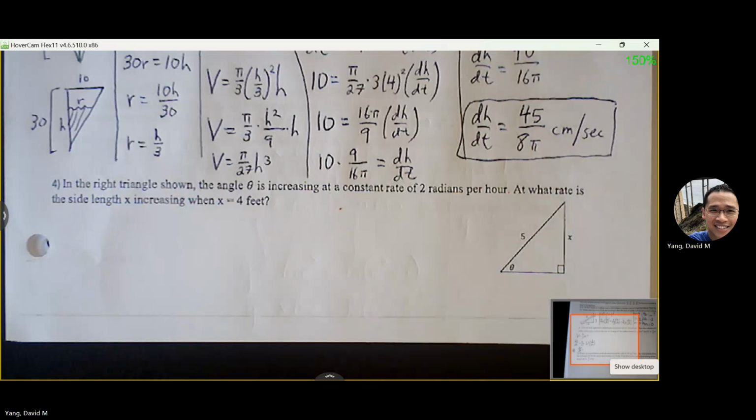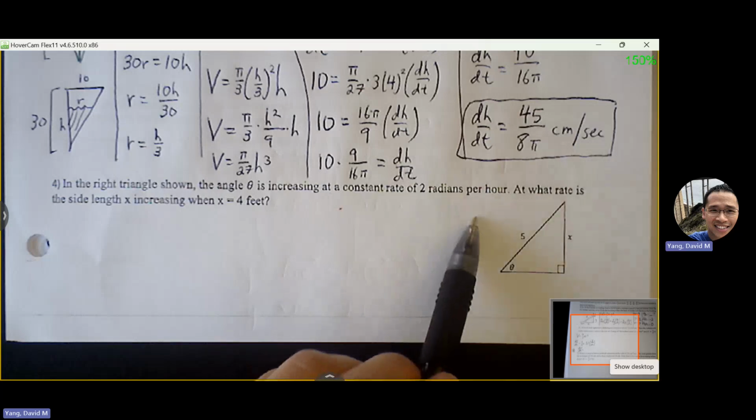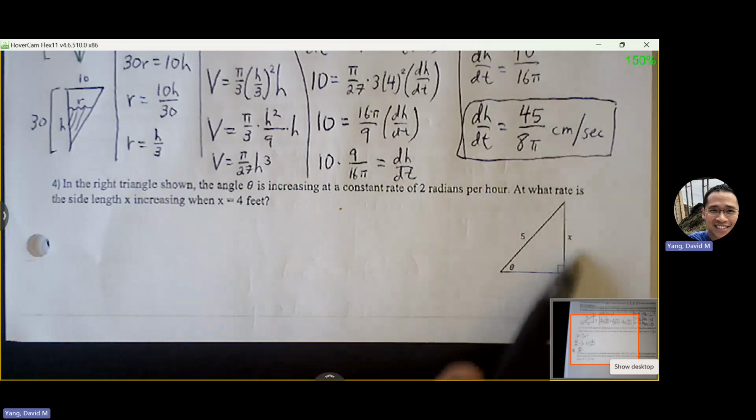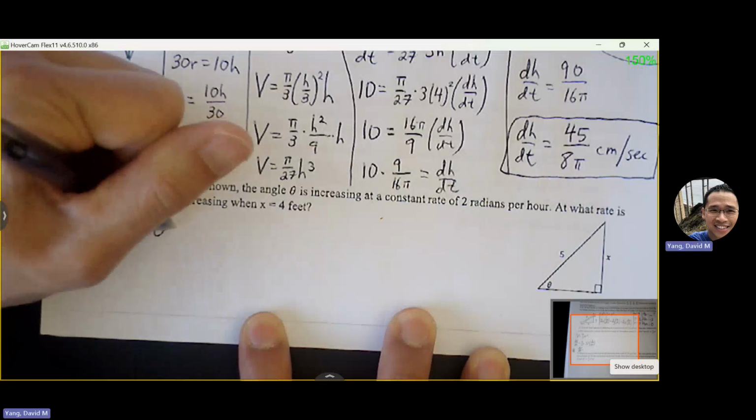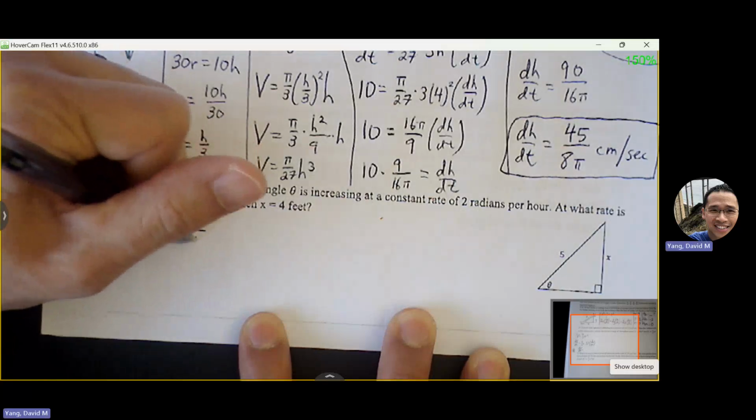Which relationship do we have? Sine, right? So sine is opposite over hypotenuse. So we're going to use that to help us create our equation. So we can use sine of theta is equal to x over 5.